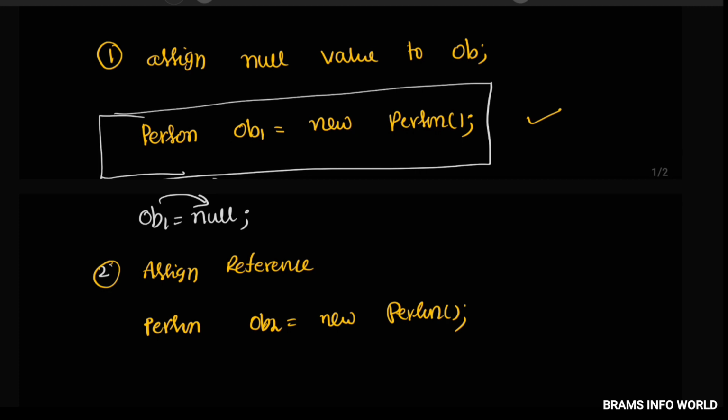So one more object is created. That means if OB1 is available, this OB2 is copied into OB1, so OB1 holds the OB2 value. This is also one way to clean up objects.